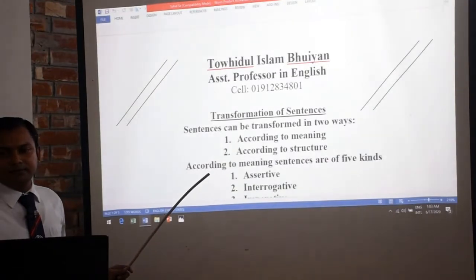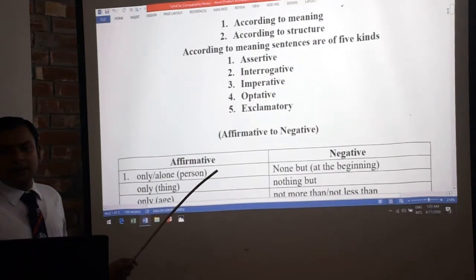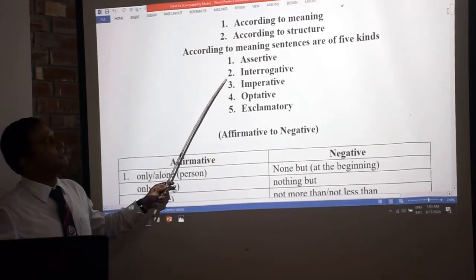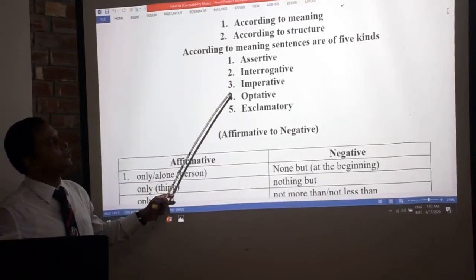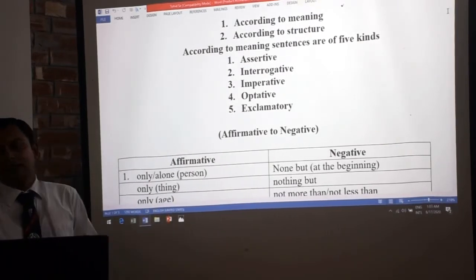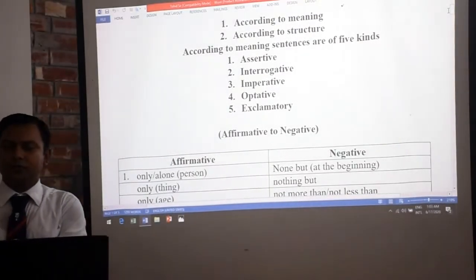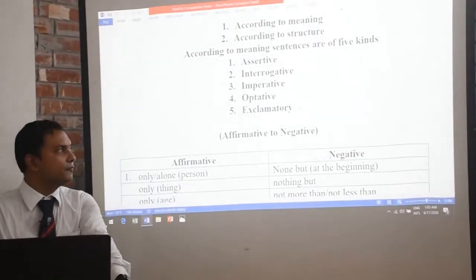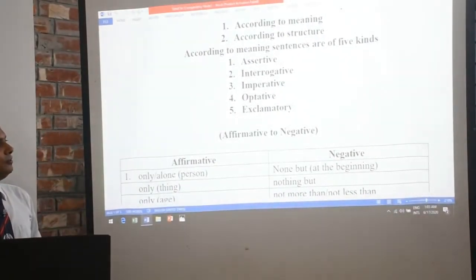They are assertive sentence, interrogative sentence, imperative sentence, optative sentence, and exclamatory sentence. Now, I am going to show you how we can transform sentences from affirmative to negative.